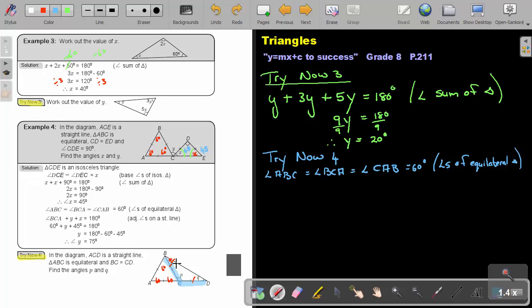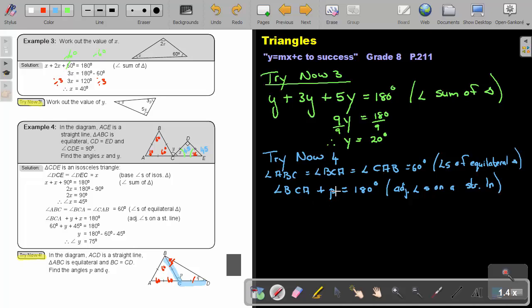Now I'm going to say, so therefore, angle BCA plus P is equal to 180 degrees. So BCA plus that P, that's that straight line. Can you see? And that's my reason: adjacent angles on a straight line. Okay.